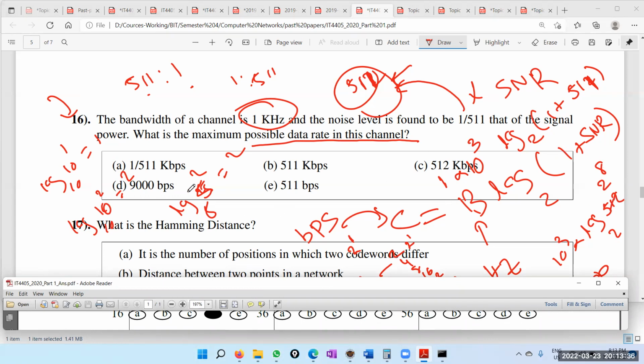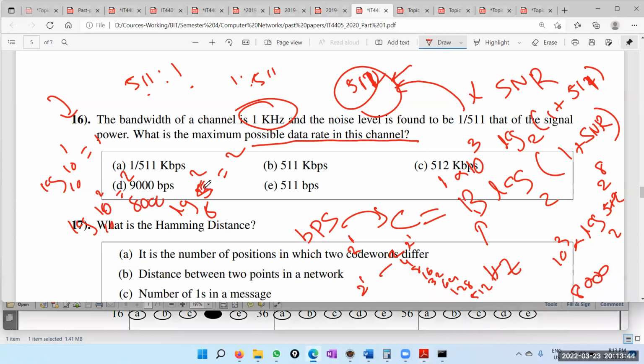Just double check, I will also double check. The given number is 9,000. I don't know whether it's a mistake by the examiner, but what I got is 8,000, because 512 is 2 to the power 8, so log 2 to the power 8 is 8, and 8 into 1,000 must be 8,000. But the answer says 9,000. Anyway, I will also double check. Maybe it's a mistake in the answer sheet.